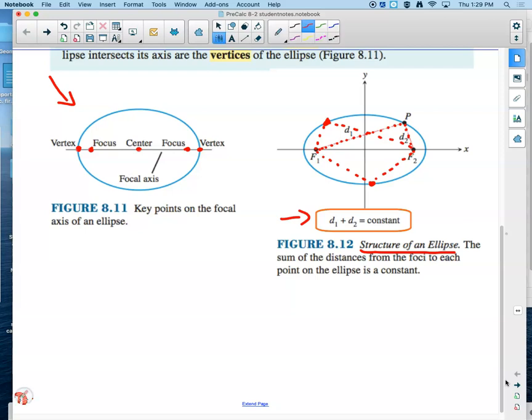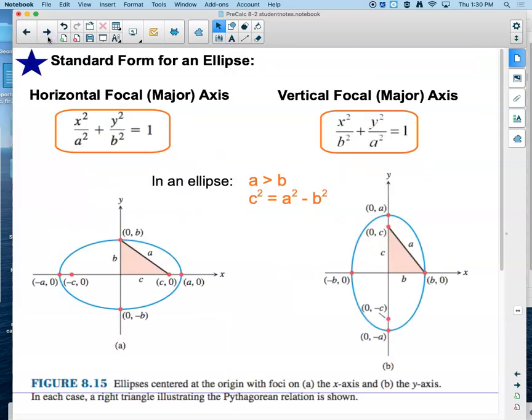So it gets me thinking, the formula must have a plus in it somewhere, because they keep mentioning that the sum of those two distances is going to stay constant, and it does. So here's the standard form for an ellipse. Now, typically a horizontal major axis is considered standard.